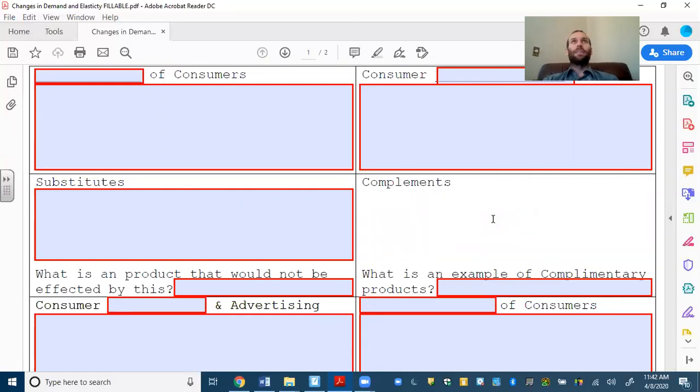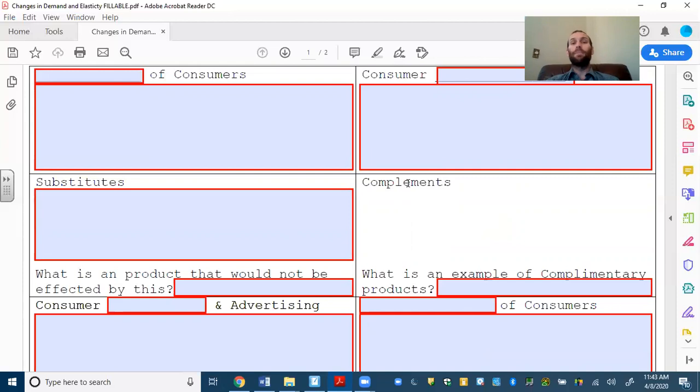You can think of things like hot dogs and hot dog buns, or peanut butter and jelly, things that you typically buy together. And a really good one we can go back to is Xboxes or PlayStations. If you buy an Xbox, there are many other complements that you'll buy with it as well, like controllers and games and subscriptions, many other things that complement it.